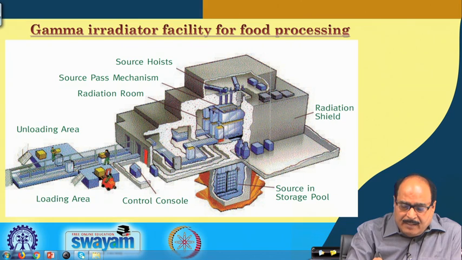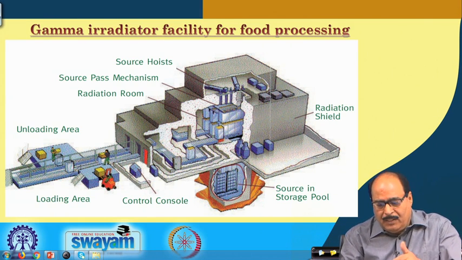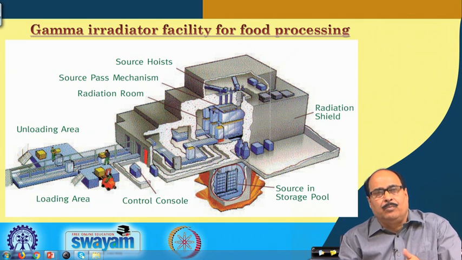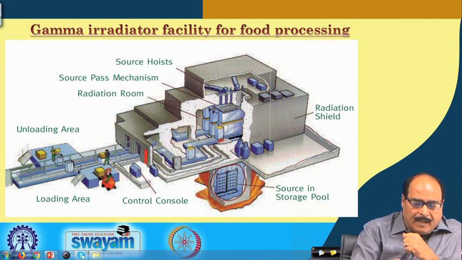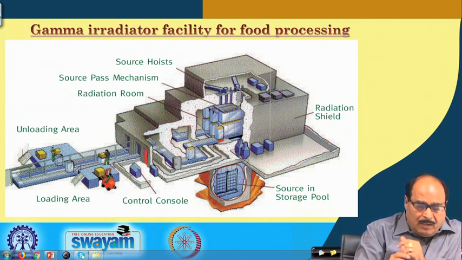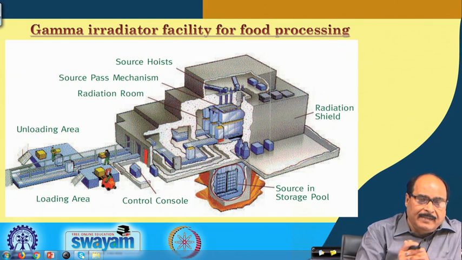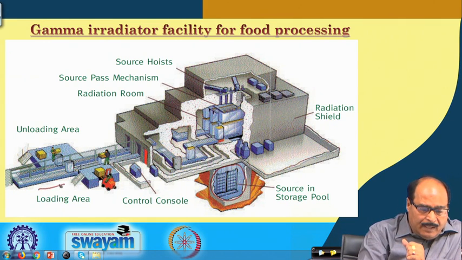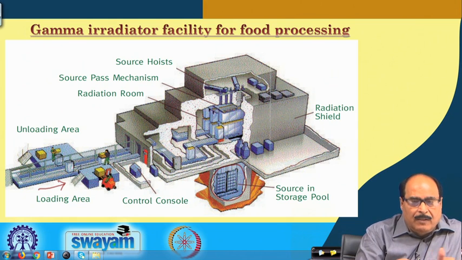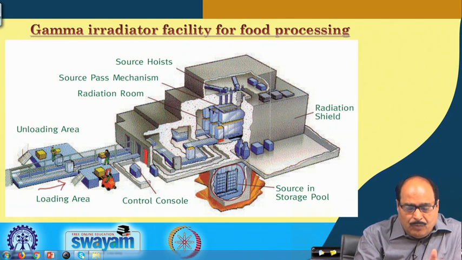Gamma irradiation means cobalt 60, and it is kept here in storage, in a deep storage pool of water. There is a conveying system, and the food material, depending upon the type, in packaged form or even unpackaged form, can be exposed to the irradiation. So, this is the loading area. The food, in packaged or unpackaged form, is loaded depending upon the requirement, and it goes through and comes here.